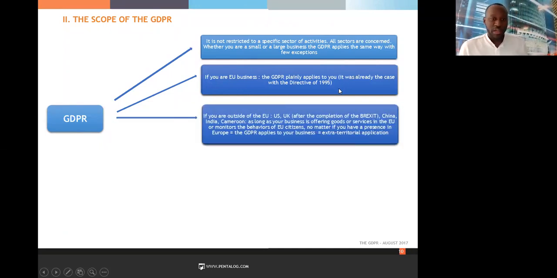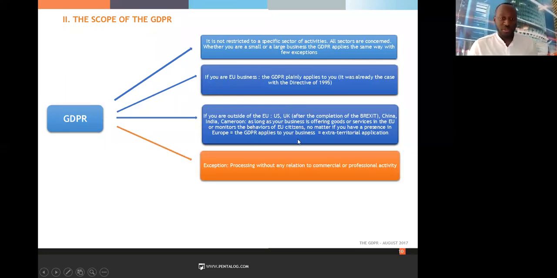And remember that if you are outside the EU, United States, UK after the completion of Brexit, China, India, Cameroon, as long as your business is offering goods and services in the EU or monitoring the behavior of EU citizens, no matter if you have a presence in Europe, the GDPR applies to your business. This is what we call the extraterritorial application.